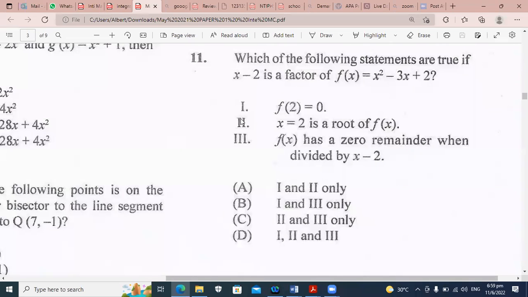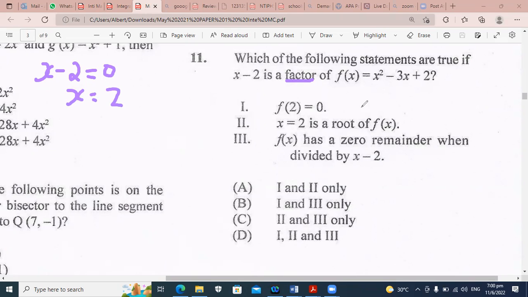It says, which of the following statements are true if x minus 2 is a factor? Is the first statement true? Yes, along with the third one too. Because remember, if x minus 2 is a factor, you have x minus 2 equal to 0, so x is equal to 2.